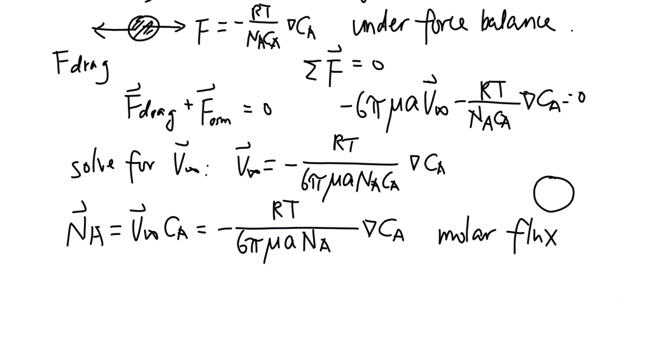The logic is that here we figure out the molar flux by considering individual particles. We are assuming individual particles are under convection. Now you zoom out. What if this flux is due to the diffusion of the solute in the medium?